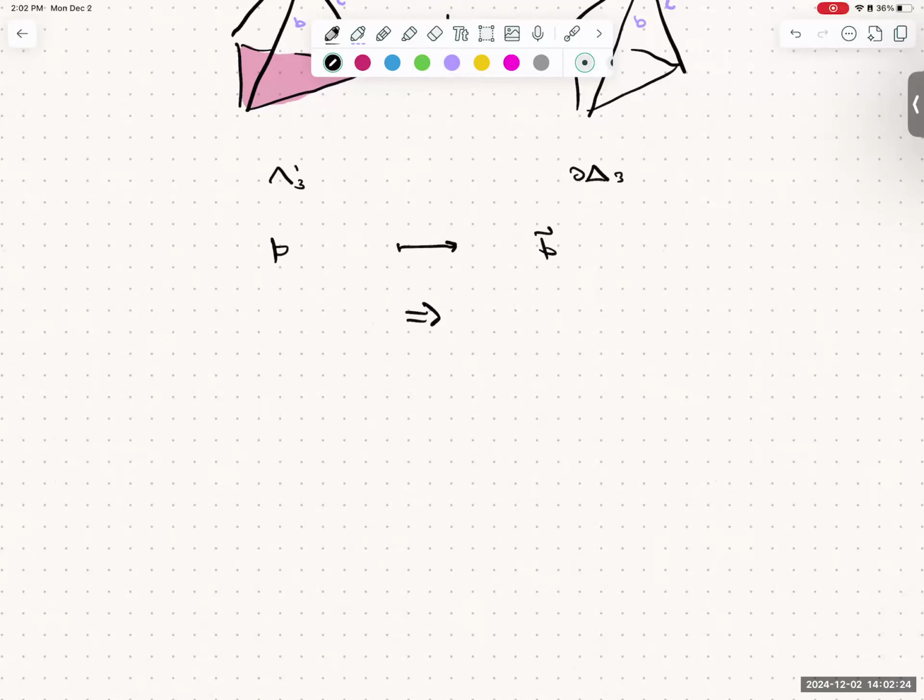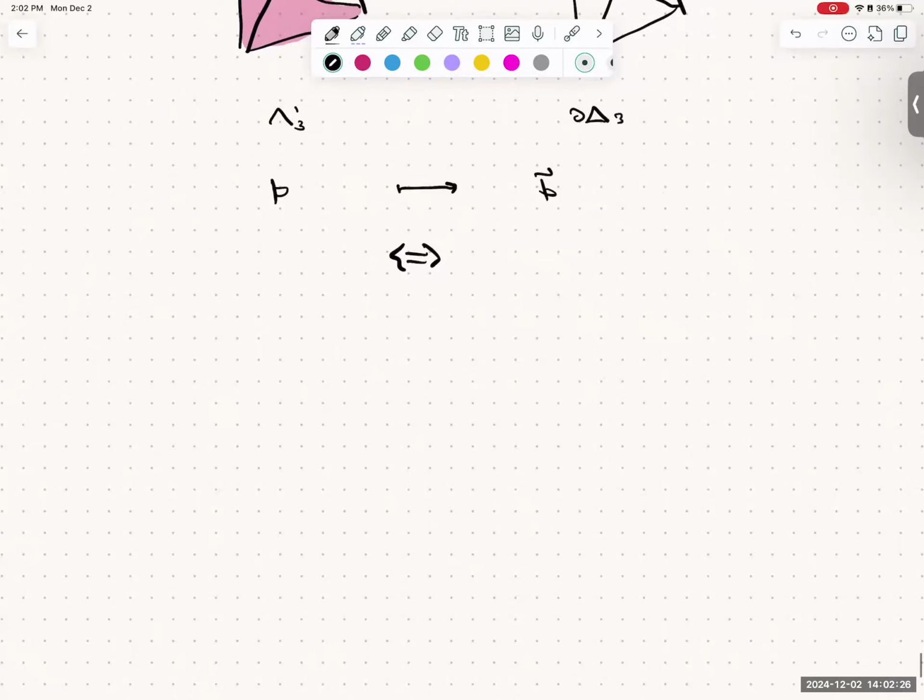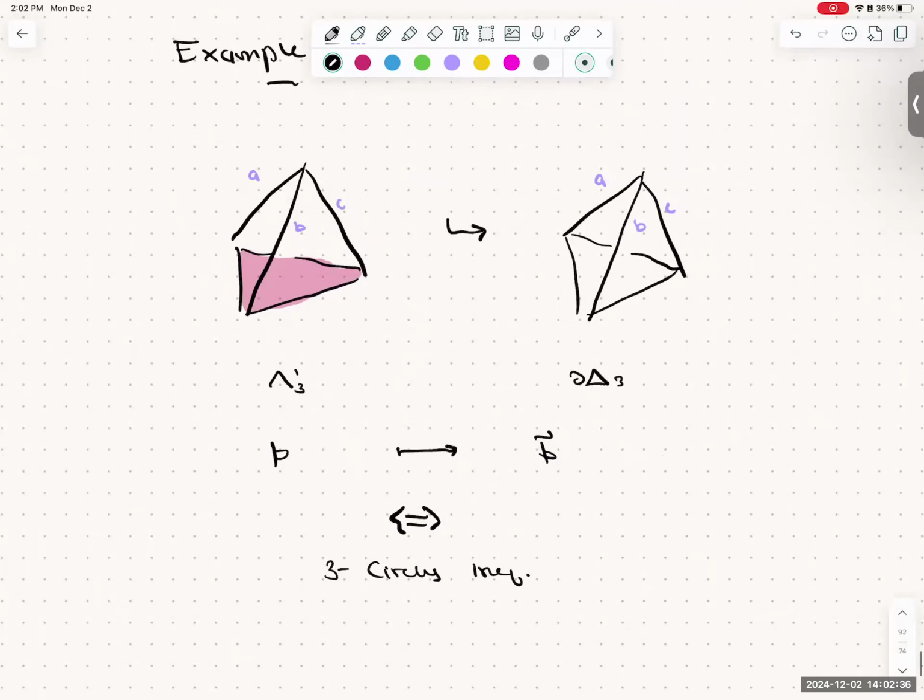And this happens if and only if a certain set of inequalities hold, called the 3-cycle inequalities. It has to do precisely with the probabilities associated with these right here.